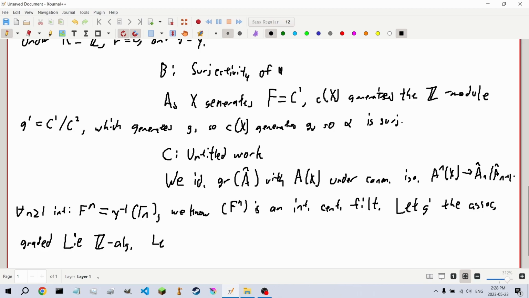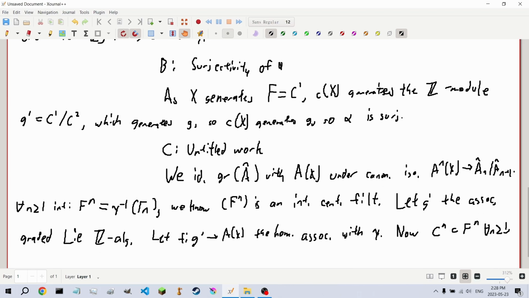Then we're going to let f be the Lie algebra homomorphism of g prime into AX, the Lie algebra homomorphism associated with gamma. Now our lower central series sits inside of our F to the n for all n at least 1.